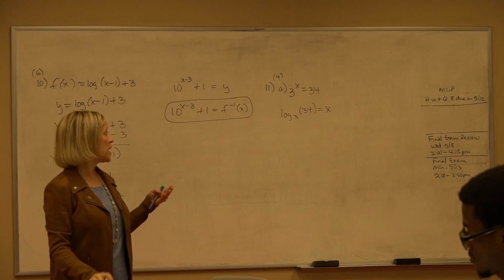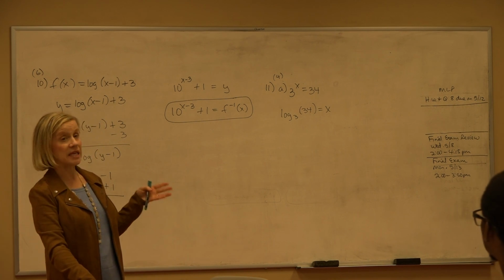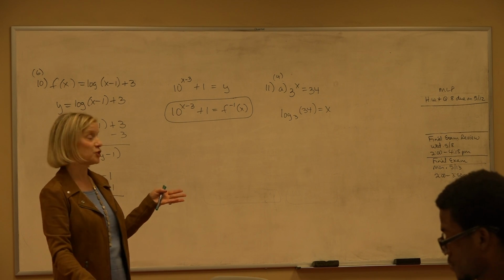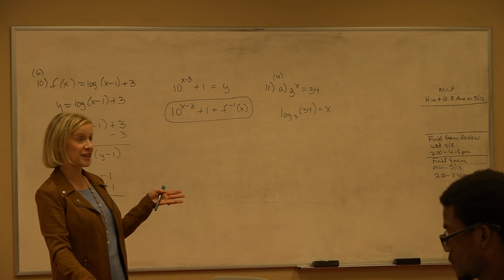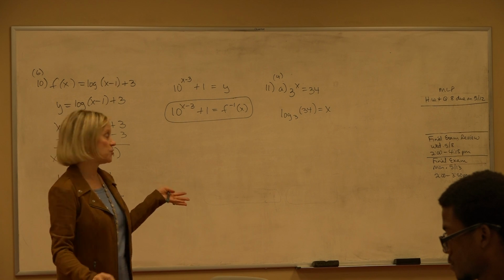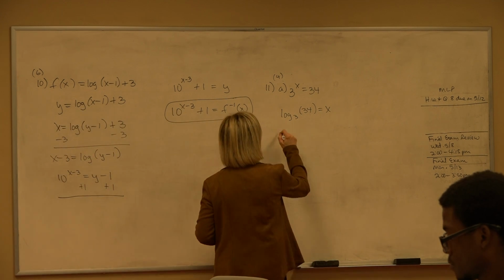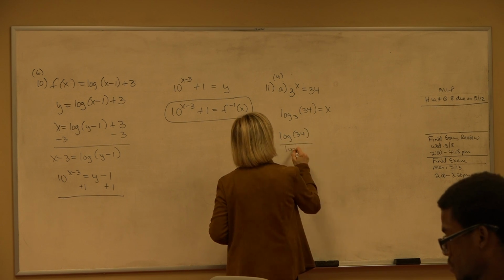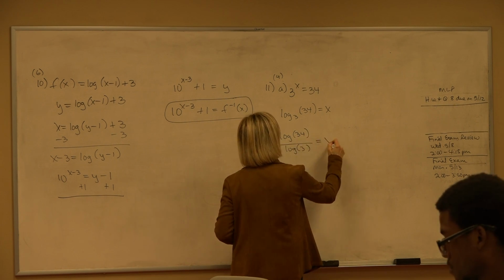We can't put log base 3 of 34 very easily into our calculator unless you have a graphing calculator, which you can actually. But if you don't have a graphing calculator, you can go to the base change formula. The base change formula says this is the log of 34 divided by the log of 3 equals x.